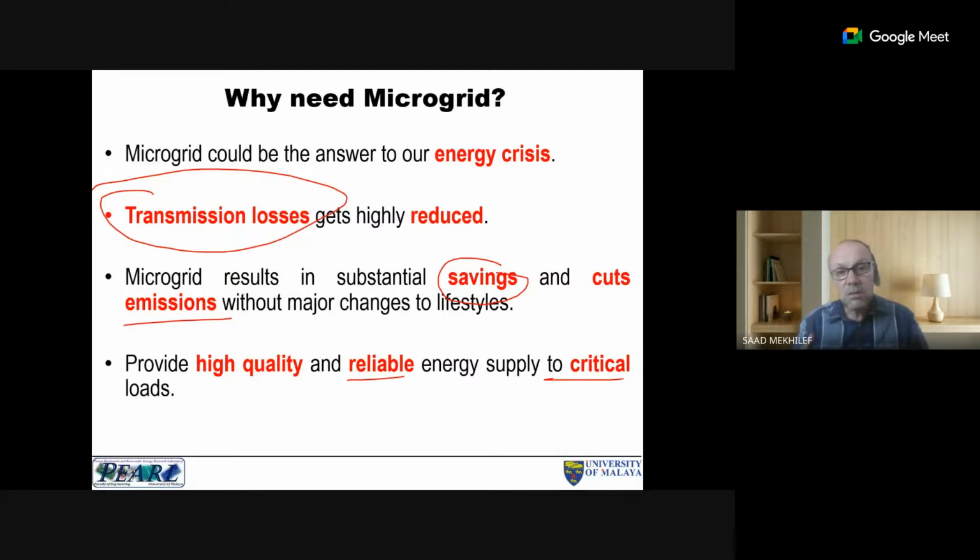For example, you have lights, air conditioning, or a washing machine. You are washing, and suddenly the power cuts off. The washing machine stops. Are you going to die? No. If the light goes off, are you going to die? No. But there are some critical loads.